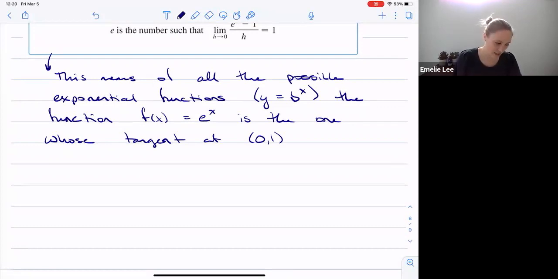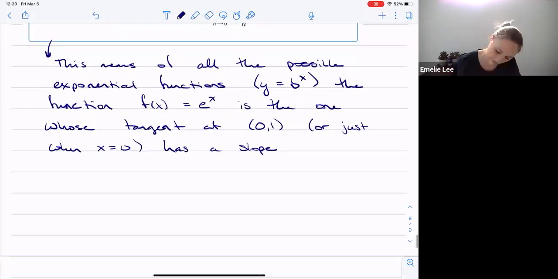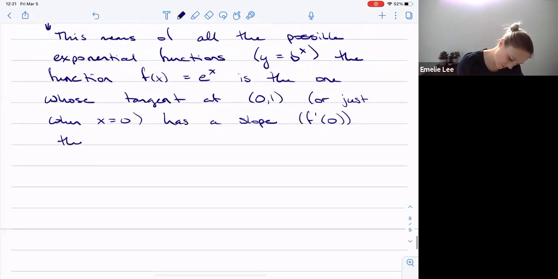So e to the x is the one whose tangent at 0, 1, or just when x equals 0, if you prefer. You don't have to talk about just the point, but when x is 0, it has a slope of 1. Remember, f prime at 0 is the slope at x equals 0, that is exactly 1.